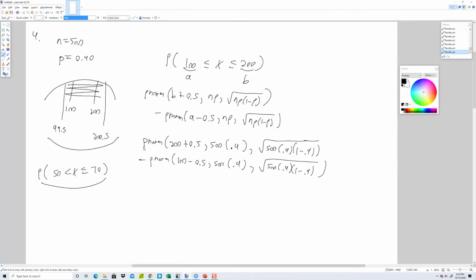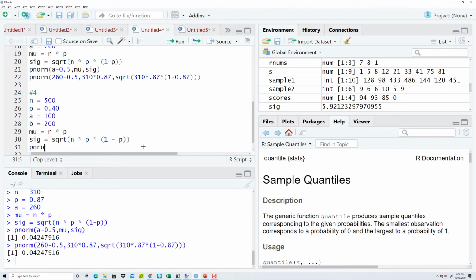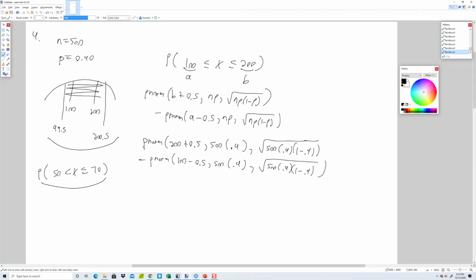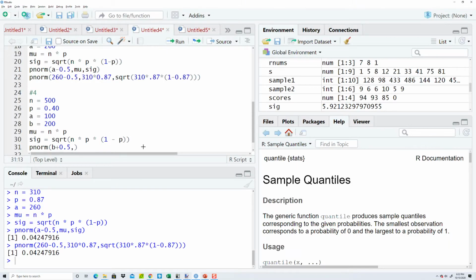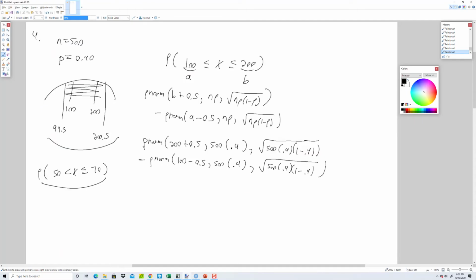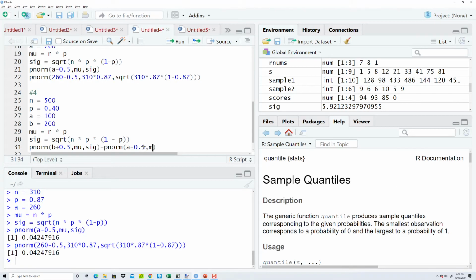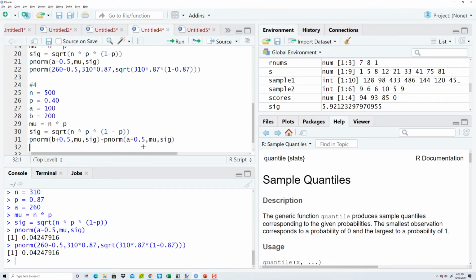And we want p norm b plus 0.5, comma, n times p, mu, sigma, minus p norm a minus 0.5, I think it was. Yeah. Mu and sigma.